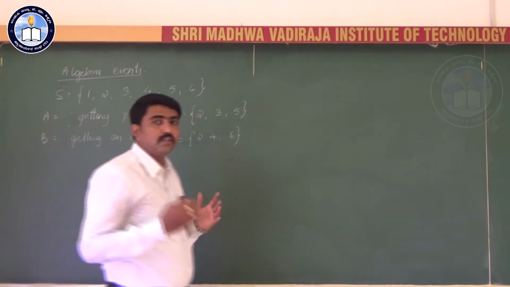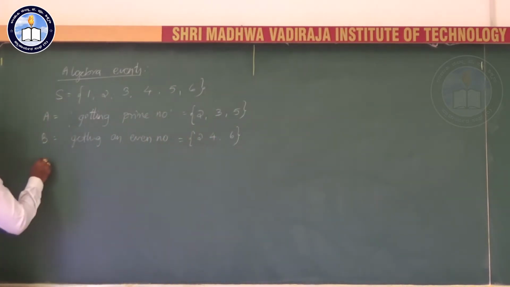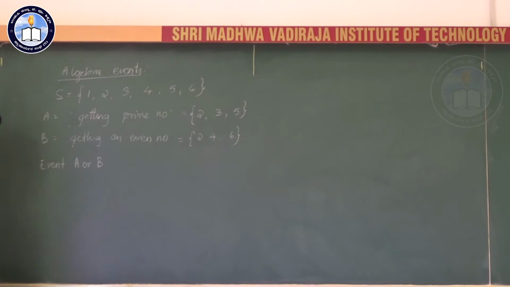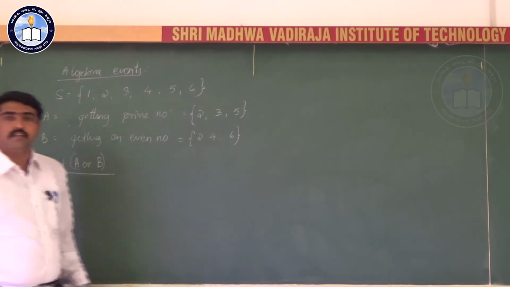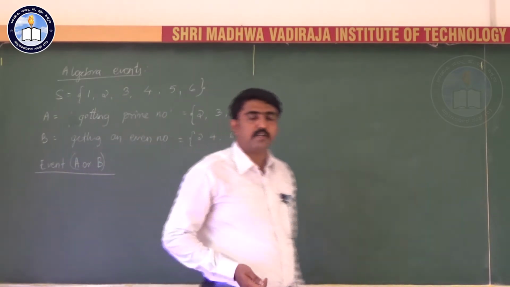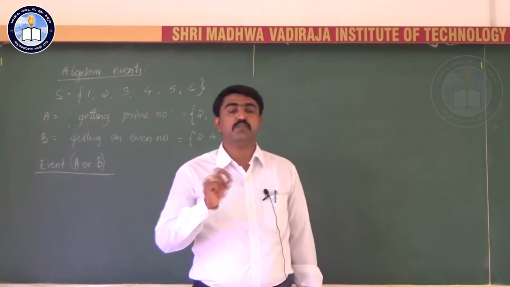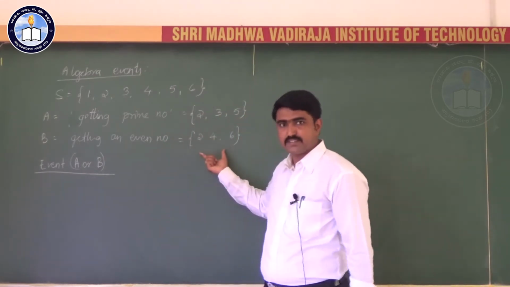So now first one, event A or B. So what is the event A or B? How to find its probability, let me discuss. In the sets chapter you have learnt how to find the union of two sets. In the same manner, these two are sets they have given.